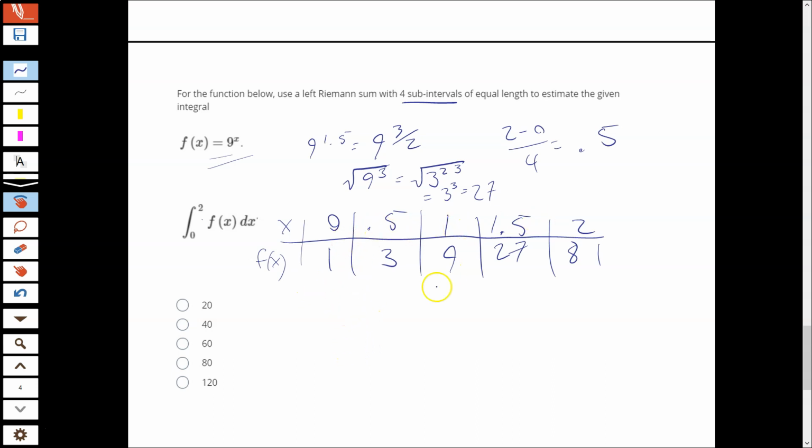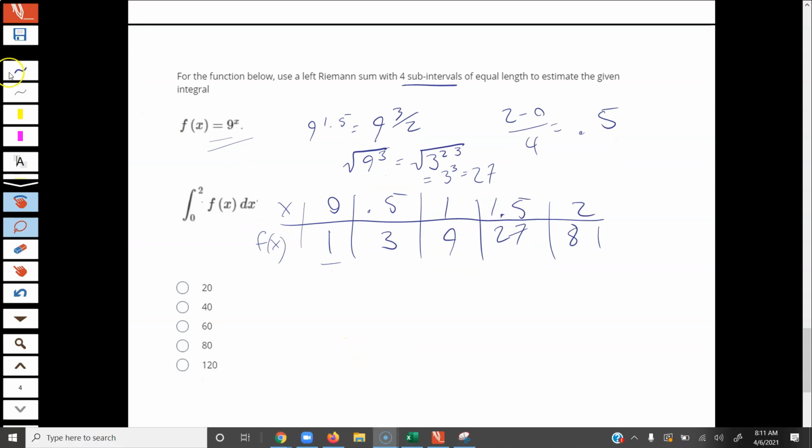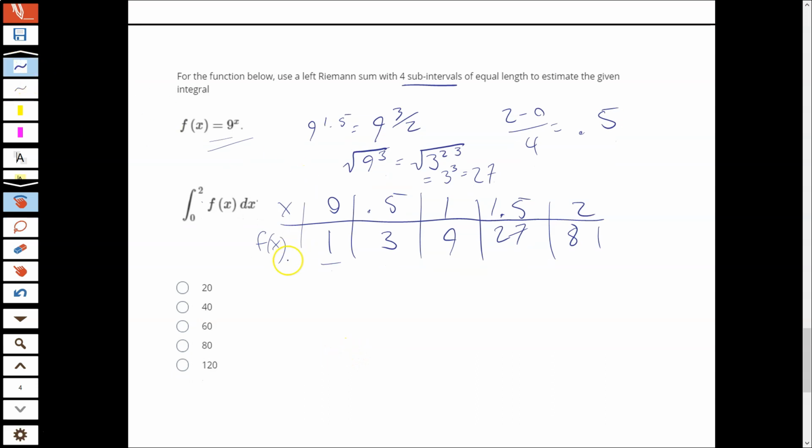All right, and then we're just going to find a left Riemann sum, so our subintervals are 0.5 each time. So that gives us 0.5, and then we're going to use 1 as our height, because it's the left-hand edge of that rectangle. Then 0.5 again, so change in x times 3.